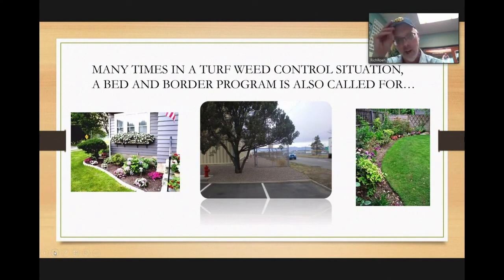You could make an argument that it's industrial, and you could certainly make an argument that it's an ornamental application. There's not any turf around there, but there are certainly some trees that the guy who owns that warehouse is not going to want you to kill or affect. So there's some labeling nuances that frankly I don't feel are very, very clear, and it brings up an interesting conversation, certainly.